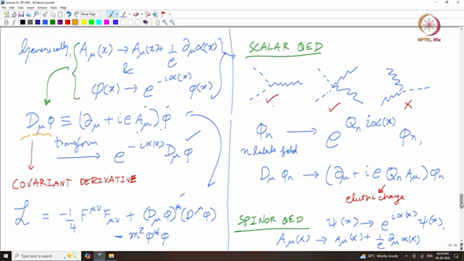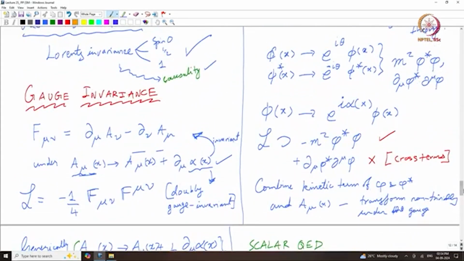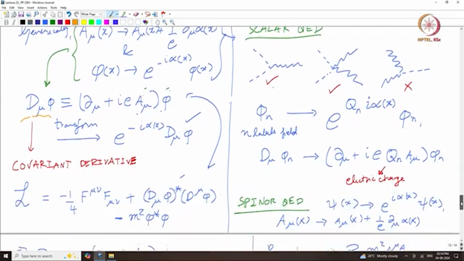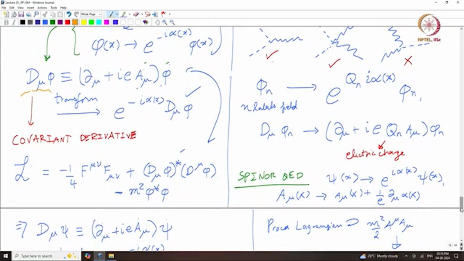And we also saw how the photon transforms under gauge invariance, and all of this put together gives us a nice complete invariant theory, right.